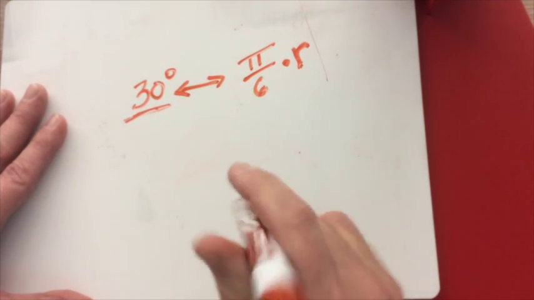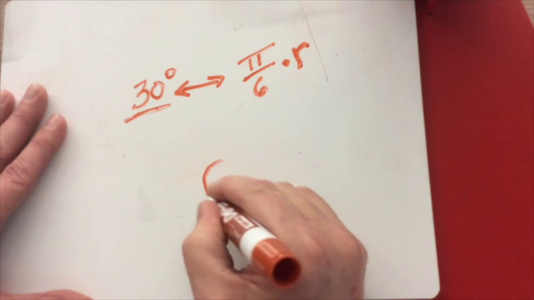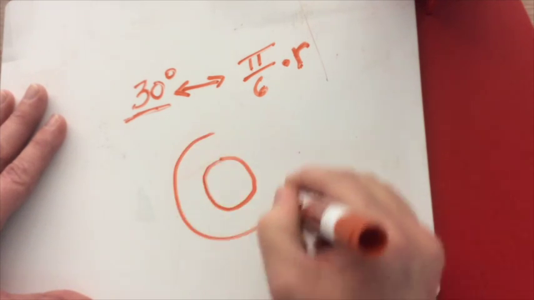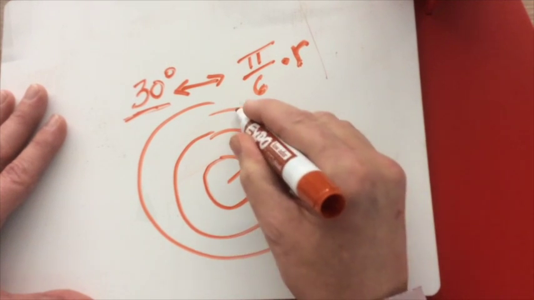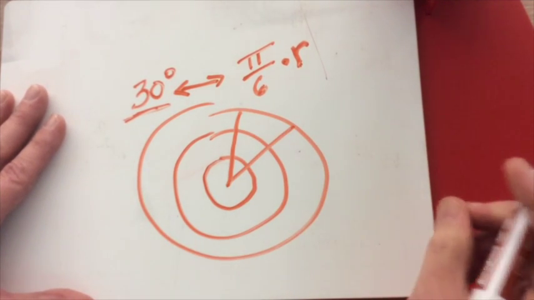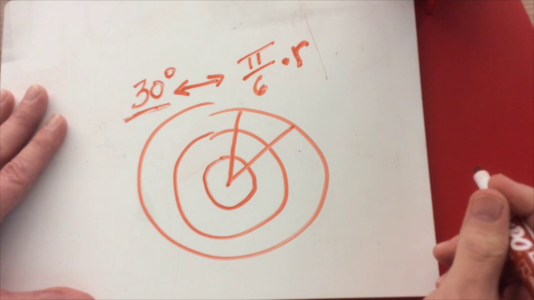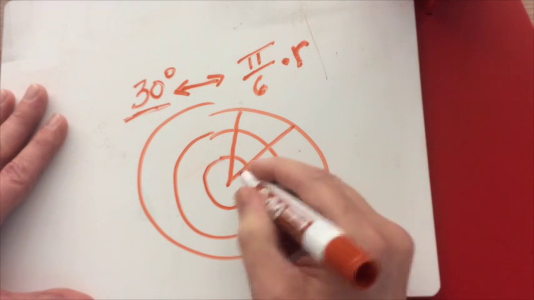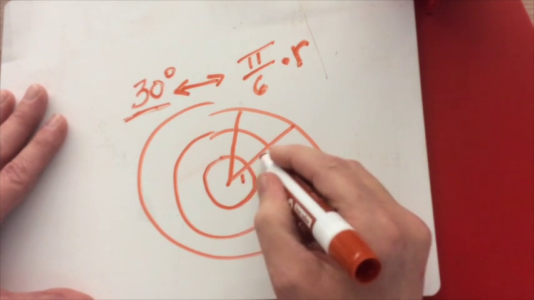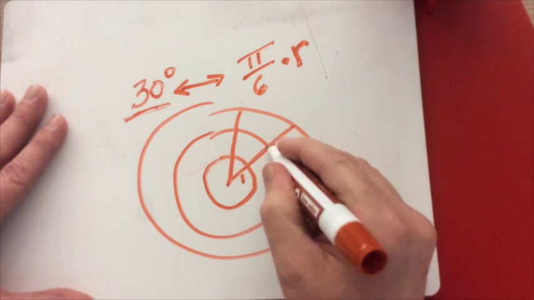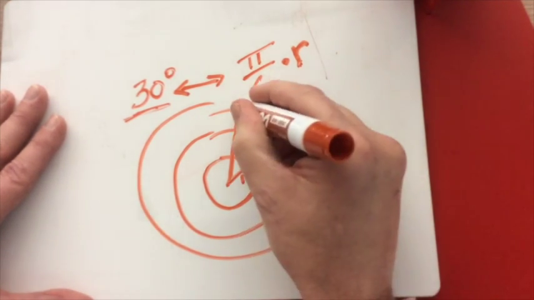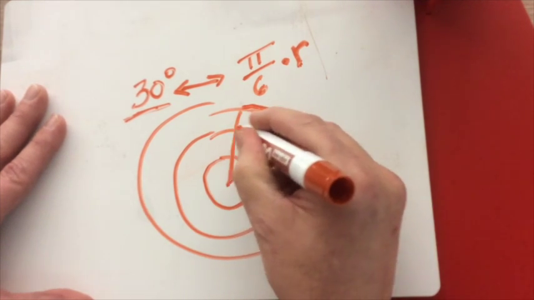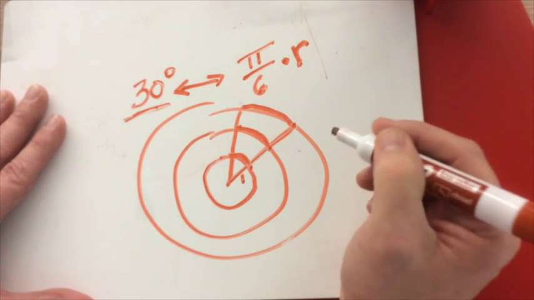Well, if I have a circle of any size, and I put a 30-degree angle in there, if this is 1, and then this is, let's say, 2, and then this is 3, these arc lengths right here are going to be a little bit bigger, a little bit smaller still.